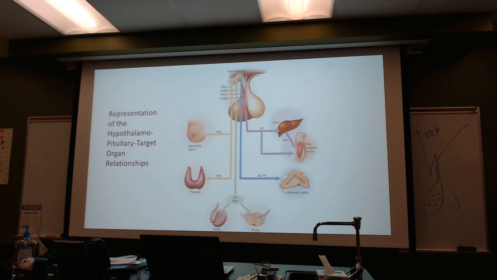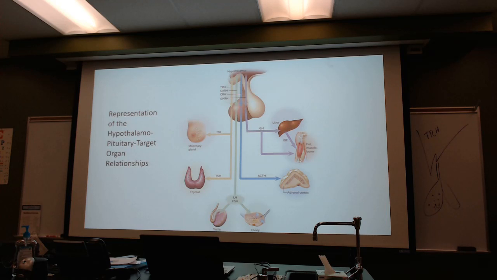My thyroid gland. So my thyrotropin releasing hormone will make its way to cells in the anterior pituitary that can make their product, which would be that thyroid stimulating hormone.